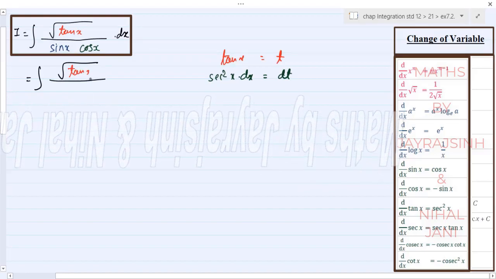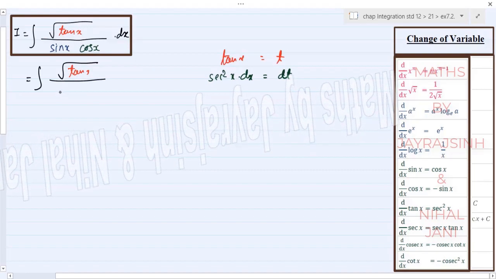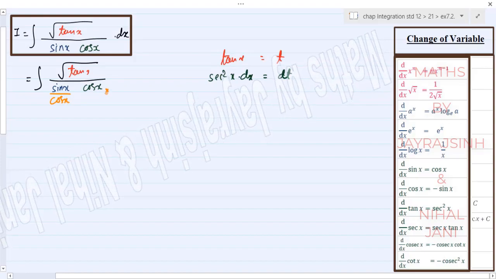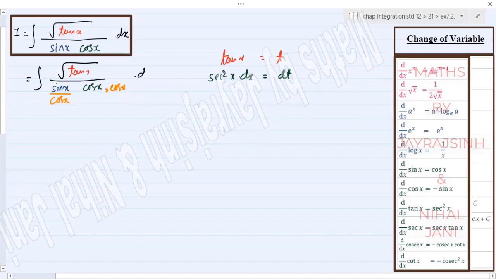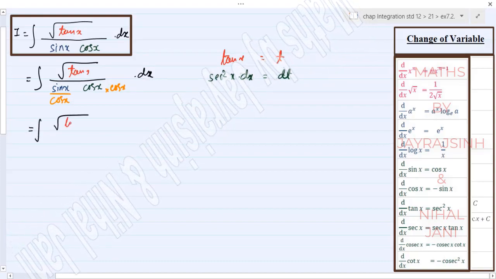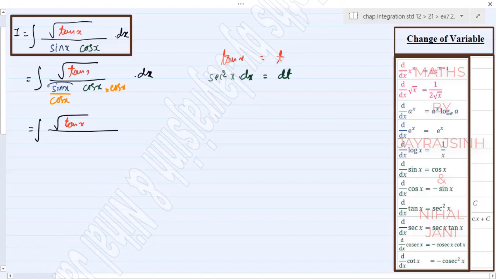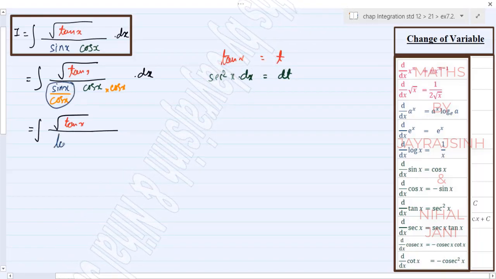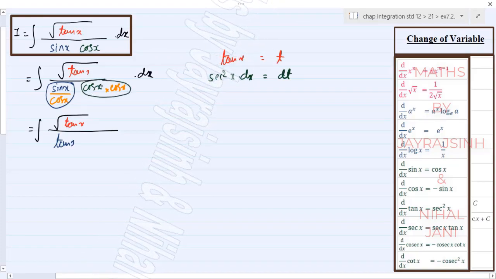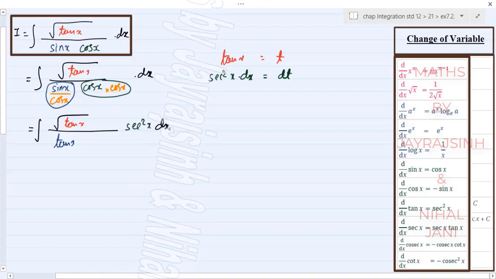To get sec square x, we should get cos square x. We already have 1 power of cos x. So just multiply and divide by cos x. So here we can say under root of tan x will be as it is. In the denominator, this sin x upon cos x will become tan x, and this cos x into cos x will become cos square x, or we can say sec square x dot dx.